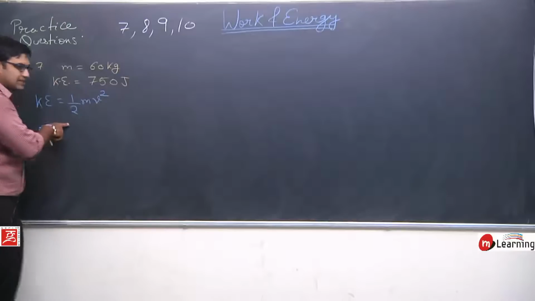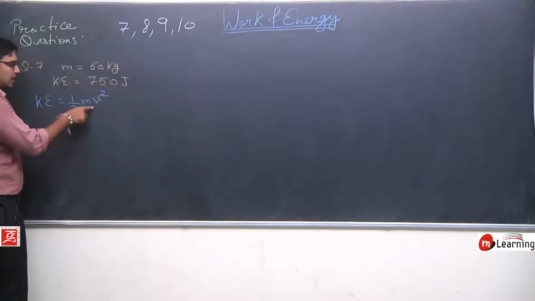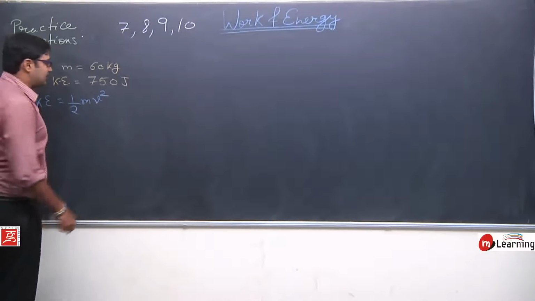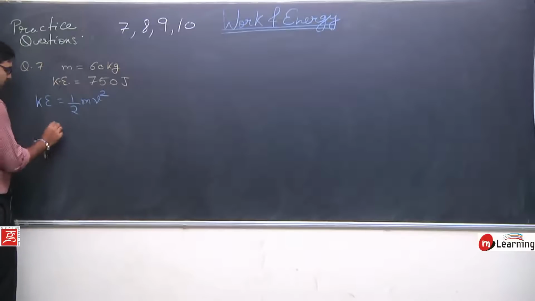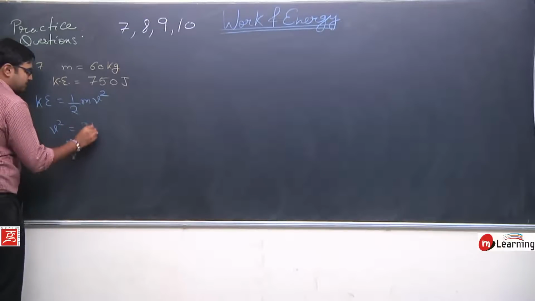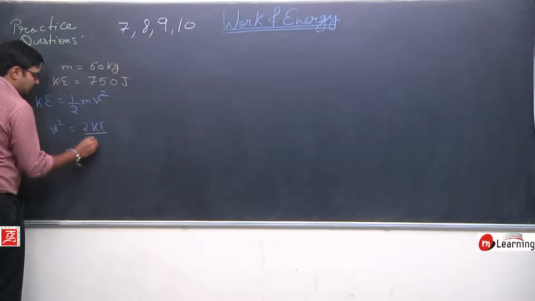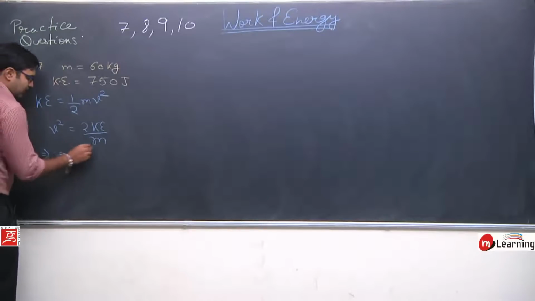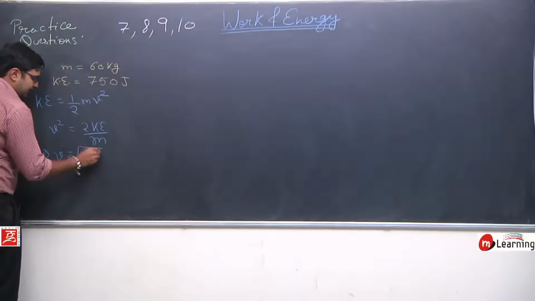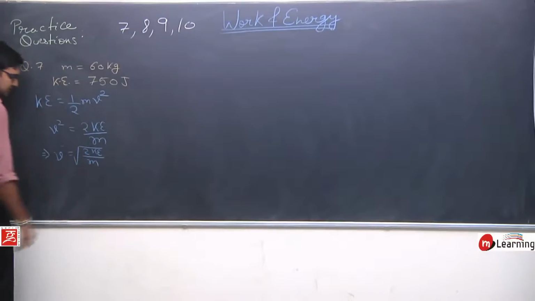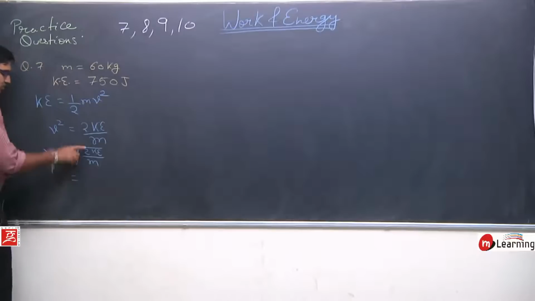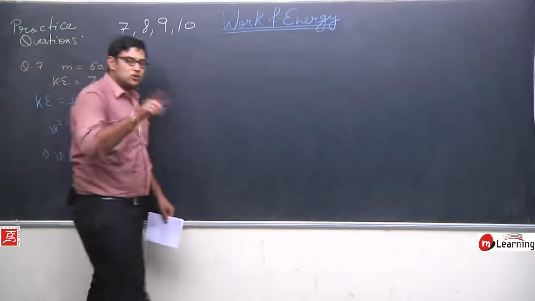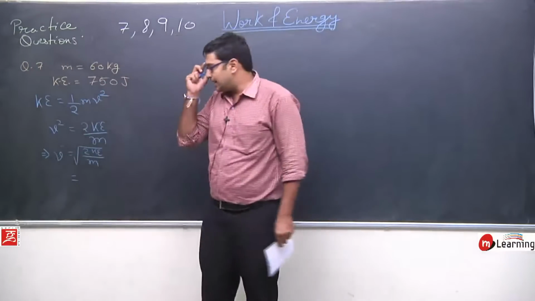Using this formula, I can write velocity square is equal to 2 times kinetic energy upon mass. That is, velocity is equal to the square root of 2 times kinetic energy upon mass.